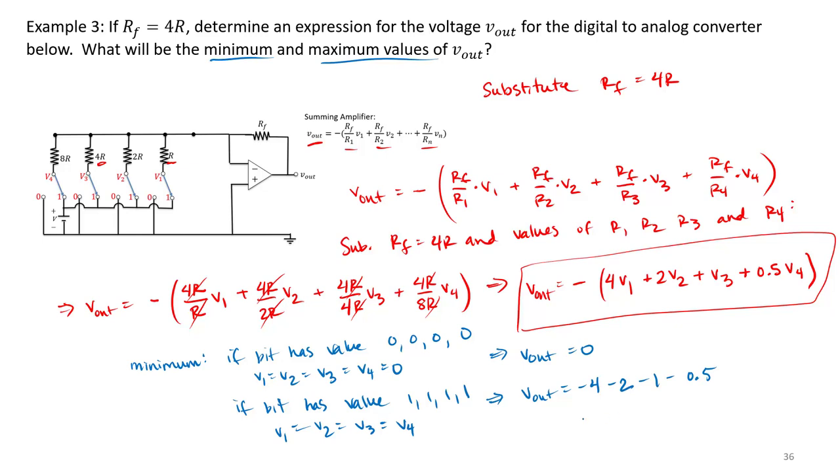So in this case, negative 4 minus 2 minus 1, that's negative 7, minus half, it's negative 7.5.